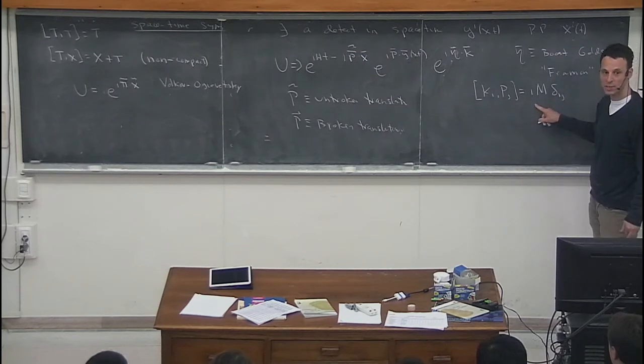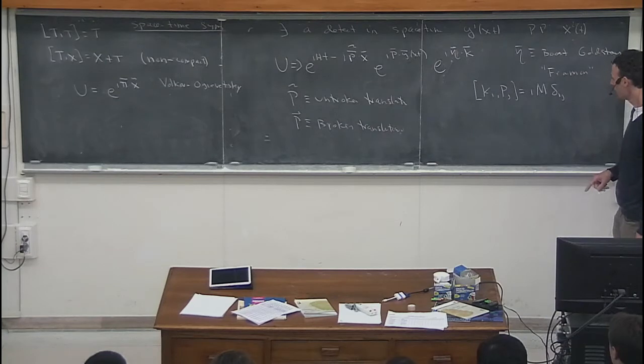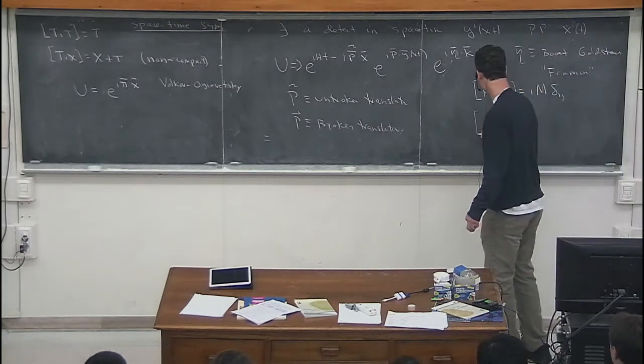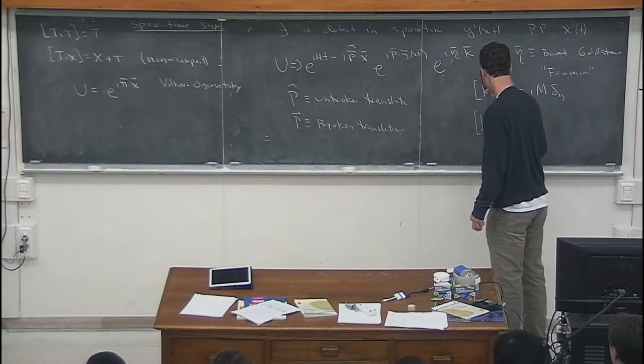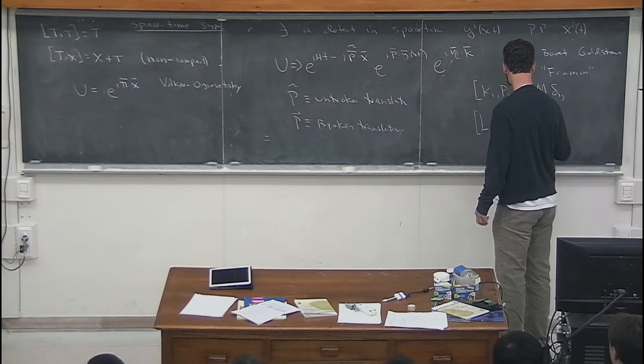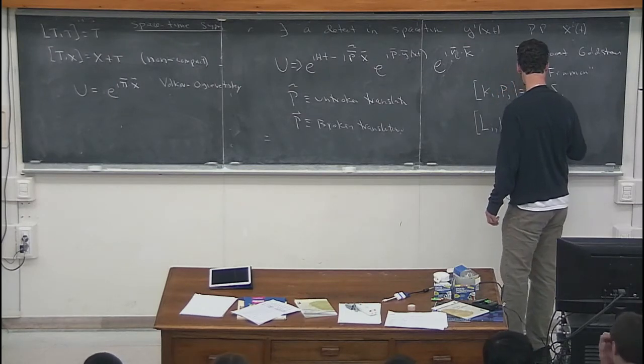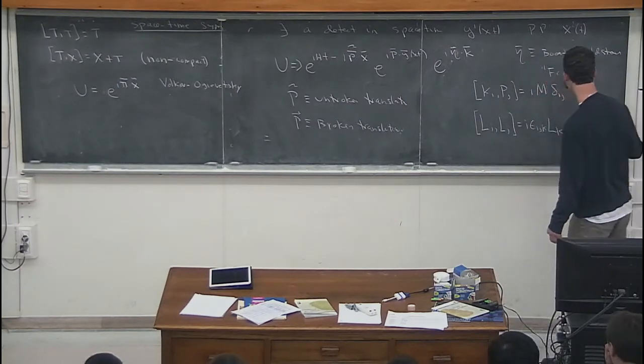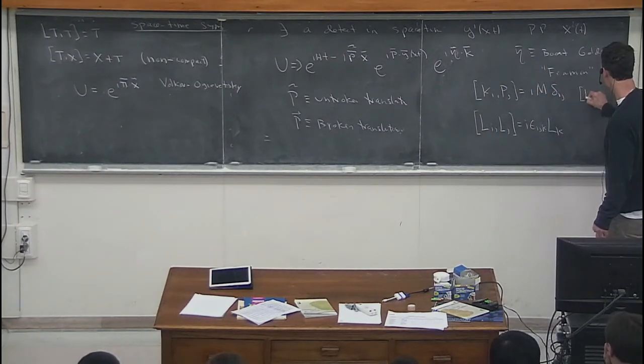That's sometimes called the central charge of the algebra. And then, of course, you still have angular momentum, L_i with L_j is i epsilon_ijk L_k. And the other non-trivial one is H with K_i is i P_i.